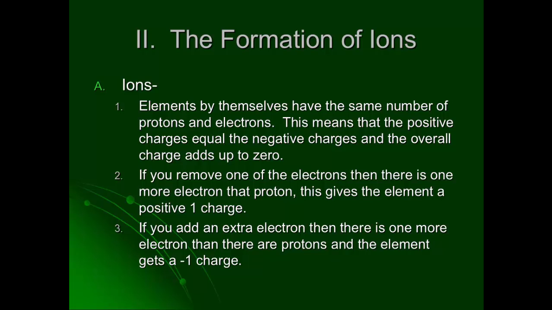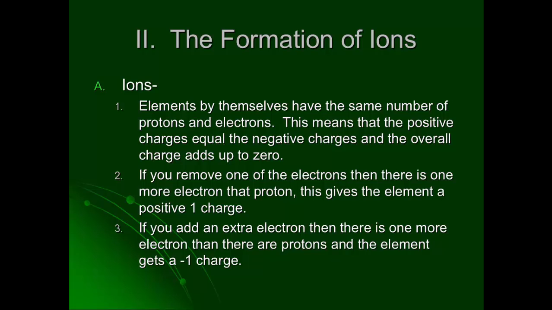So if you remove 1 electron, then you'll end up with an extra proton compared to the number of electrons, and you'll have a positive charge. That's kind of counterintuitive because it goes opposite of our bank accounts. Usually when we remove something, we think of having negative money in the bank account, but with an atom, when you're making it into an ion and you remove an electron, you end up with a positive amount because you're removing the negative amounts.